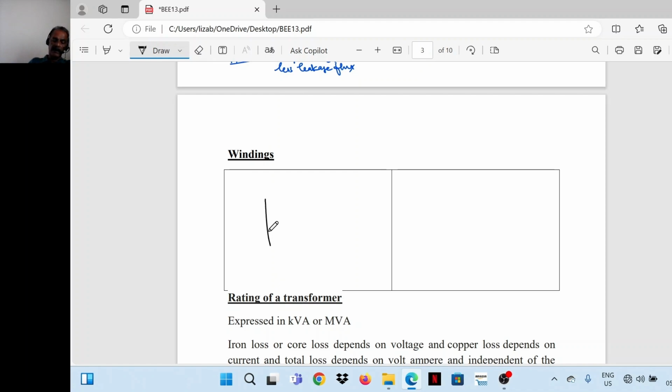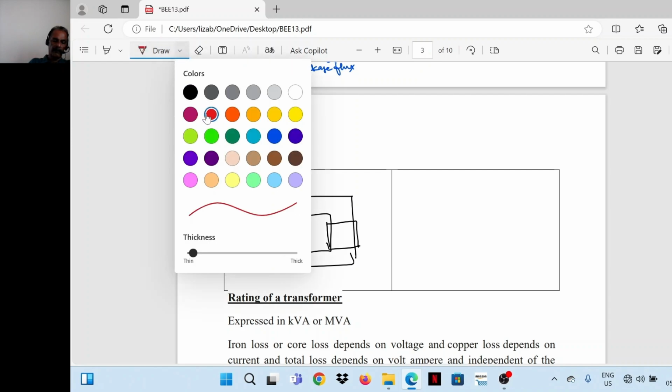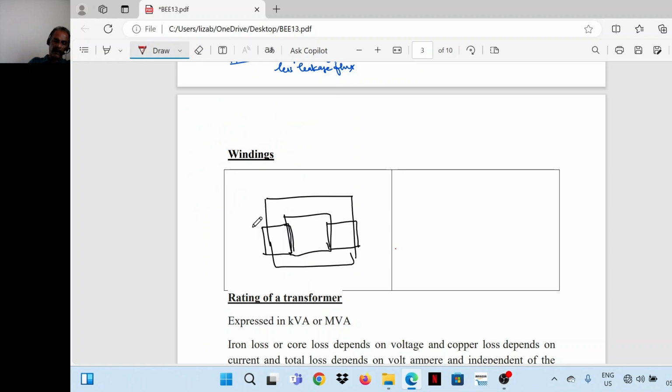So the winding distribution is, as I told you, in core type transformer: this is LV winding, half of the LV winding, remaining half of the LV winding. Then HV winding, with a little insulation in between. After that, HV winding. What I'm drawing here is the cross section. So this is LV, this is HV.